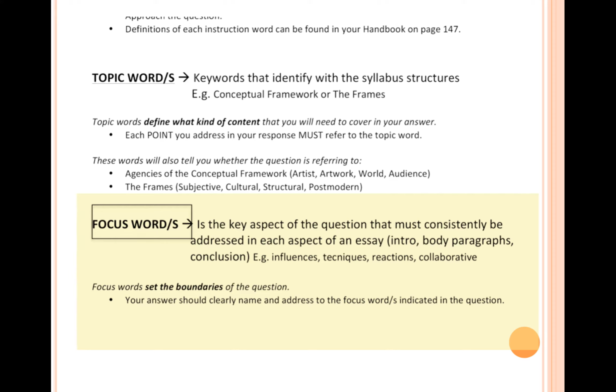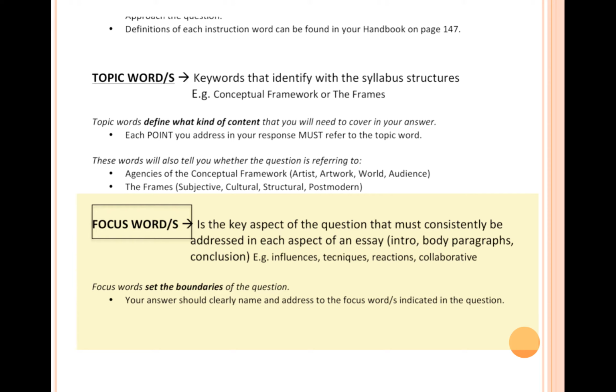And if you don't address these things, like for instance, the question's asking you, explain the influences of the audience in an artwork. If you don't explain the influences specifically and you just go on and talk to me about the audience's reaction, then first you're not addressing the question specifically, but then there's no way you'll be able to achieve anything more than a C because you haven't addressed the specifics of the question.